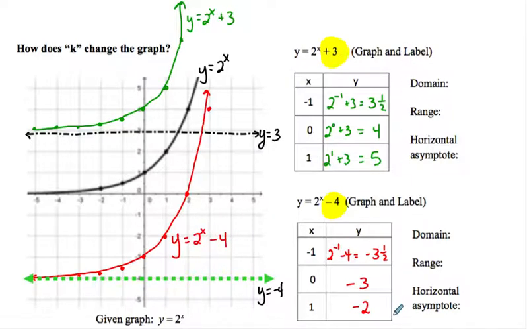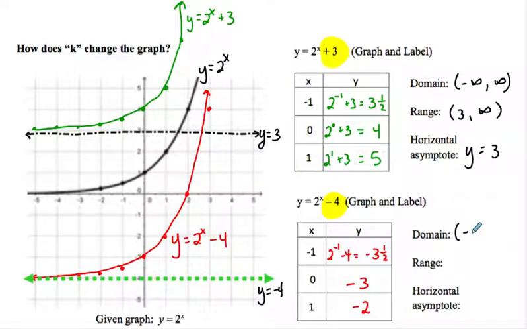If I go back and think about the domain and the range, the domain for this one is from negative infinity to positive infinity. The range, though, always has to be larger than 3. The smallest value it could be is 3, and that horizontal asymptote is at 3.